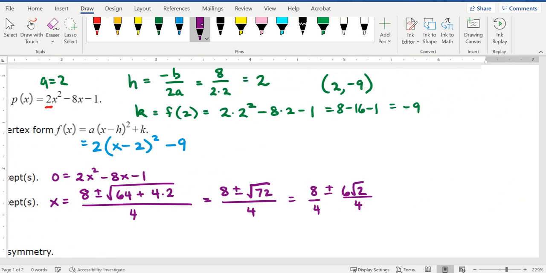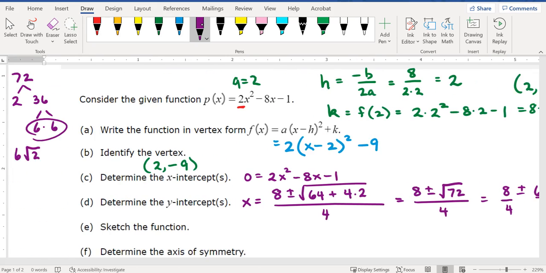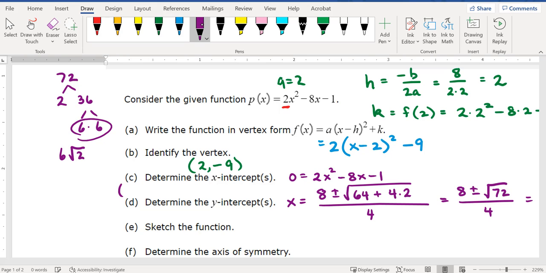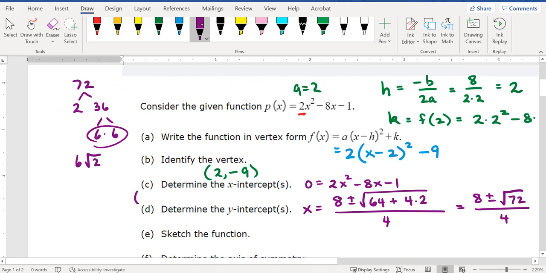And I have 2 plus or minus 3 root 2 over 2. So my x-intercepts are going to be (2 plus 3 root 2 over 2, 0) and (2 minus 3 root 2 over 2, 0).